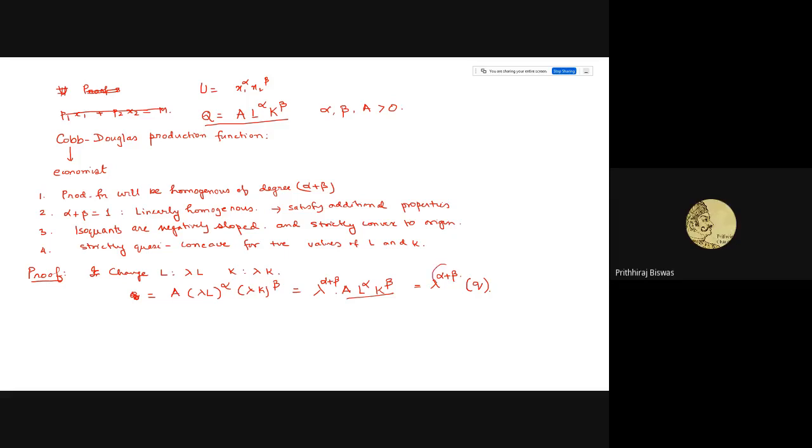Alpha plus beta, the power of lambda. This is the degree of homogeneity. So the first proof is there. Now if alpha plus beta is 1, this obviously becomes lambda Q. So it is linearly homogeneous.